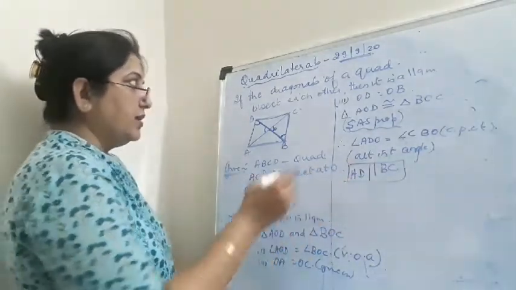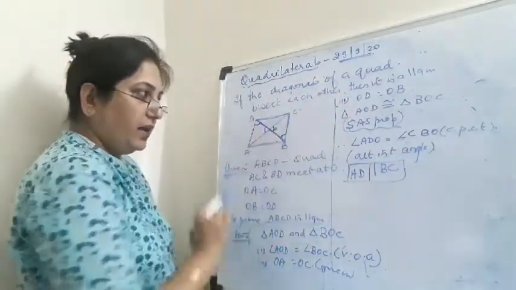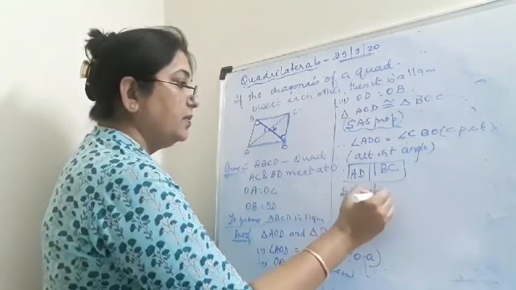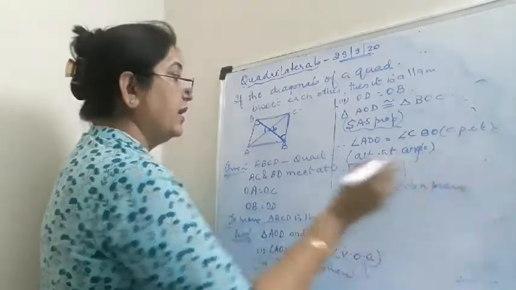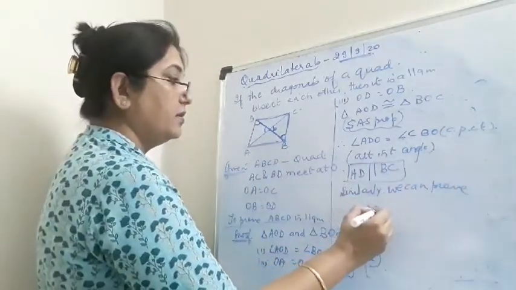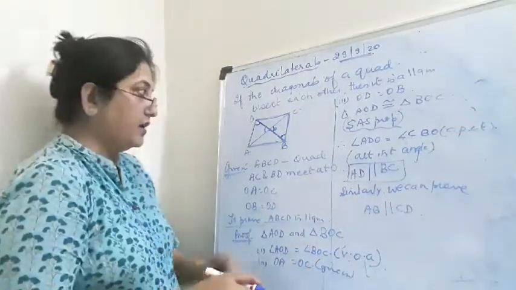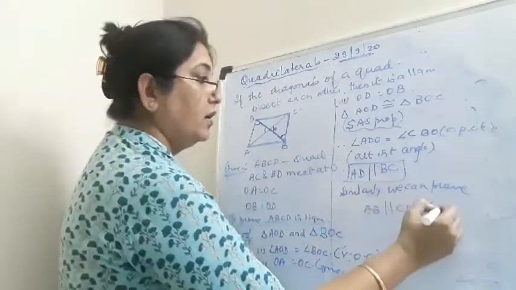As I told you that to prove that this is a parallelogram, we have to prove the opposite sides to be parallel. Now similarly we can prove that AB is parallel to CD by considering another set of triangles, and which one? AOB and COD.